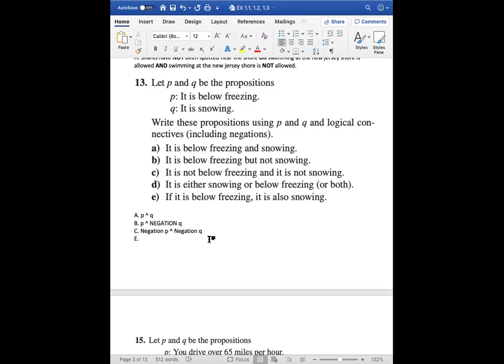Because we have an if-then promise here, we will use the conditional operator. So we have P, and then the conditional: if P, then Q. So if it is below freezing, then it is also snowing.